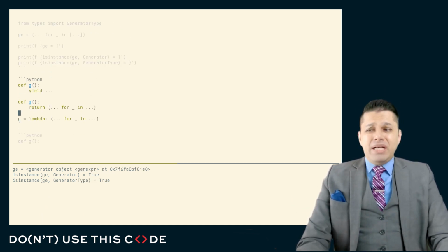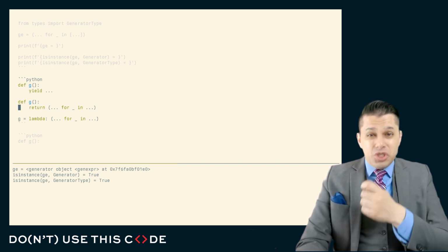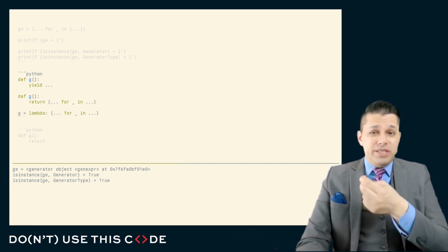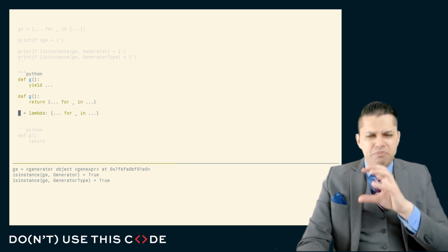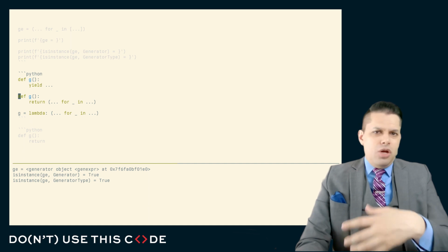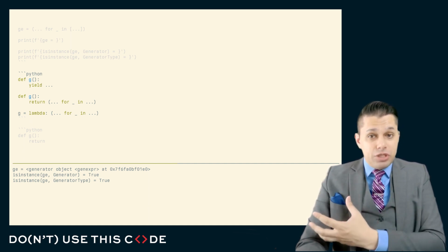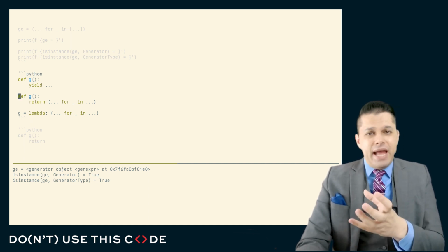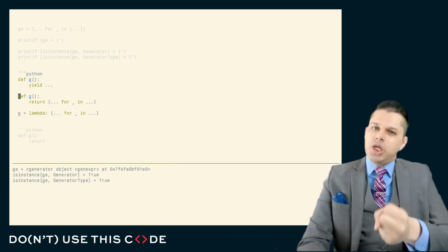And because we could have something with a yield in it, or we could have something with a return in it that returns this generator instance, or we could have a lambda that returns this generator expression, it would be very difficult for the Python interpreter to meaningfully distinguish these three structures. And because these two structures here could have some sort of arbitrarily complex behavior that leads to this result, it could turn out to be the case that without some very good static analysis, it would be very difficult for us to really tell, is this a function or is this a generator function?